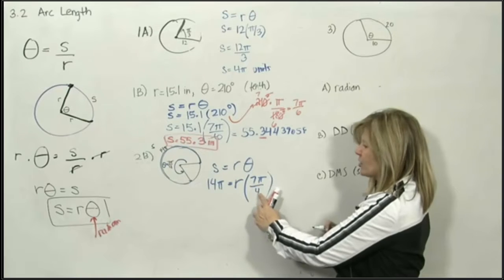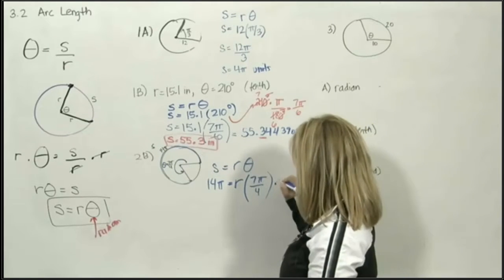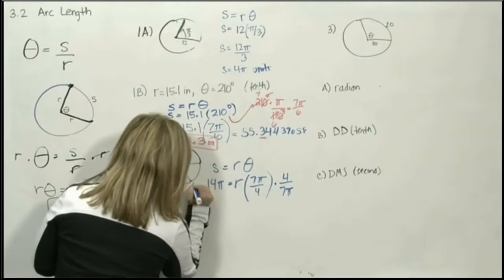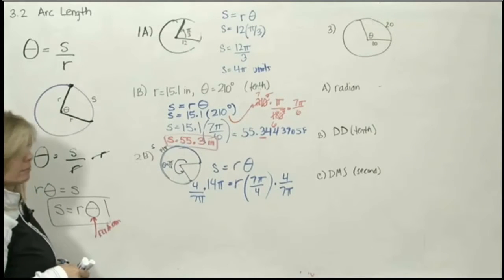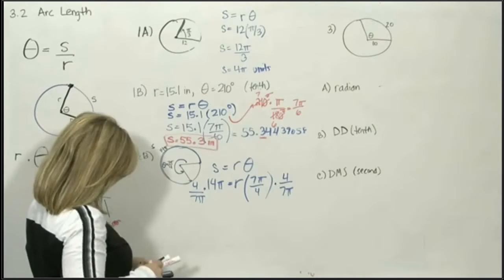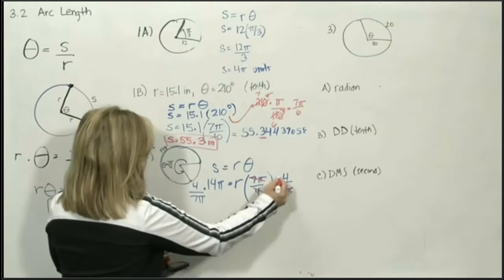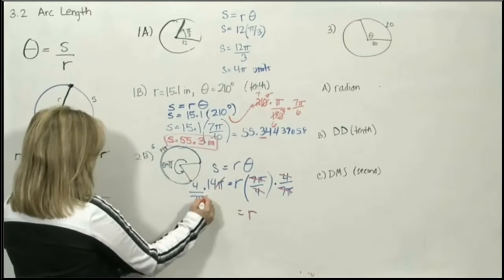How do you move the fraction 7 pi over 4 over to the left side? You multiply by its reciprocal, which is 4 over 7 pi. What I do to the right, I do to the left. Everybody's good? Simple rules of solving a linear equation. What's going to happen here is the 7 pi and 7 pi are going to cancel. The 4 and 4 are going to cancel. You're dividing. You're left with good old R. Over here, the pi and the pi are going to cancel.